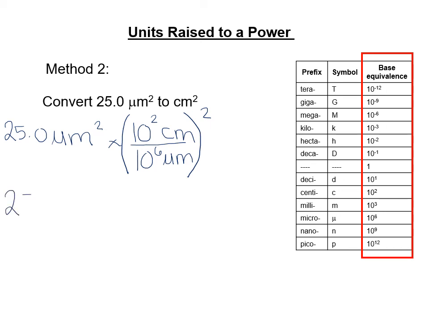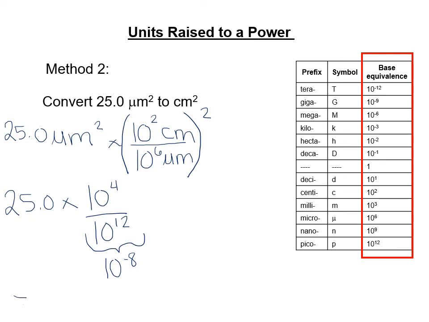So this becomes 25.0 times 10 to the, I multiply now these exponents. 2 times 2 is 4, divided by 10 to the 6 times 2 is 12. Okay, and then 10 to the 4th over 10 to the 12th is 10 to the negative 8th, because I subtract the powers. 4 minus 12 is negative 8.